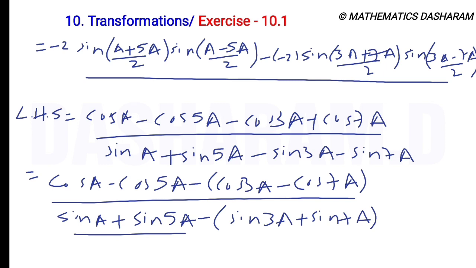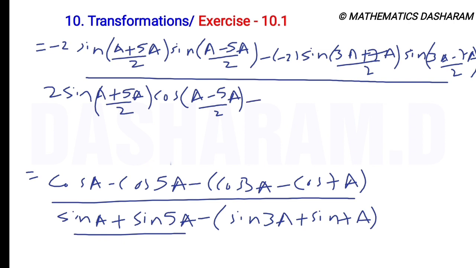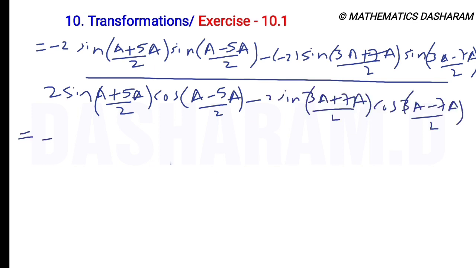It is equal to 2 sin (C plus D) by 2 into cos (C minus D) by 2. Next to minus, here also the same formula, sin C plus sin D, that is 2 sin (C plus D) by 2 into cos (C minus D) by 2. So minus 2 sin (a plus 5a) by 2, it is equal to 3a. Next, sin (a minus 5a) by 2, so minus 4a by 2, that is minus 2a.